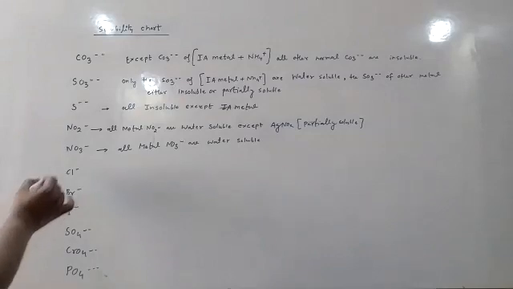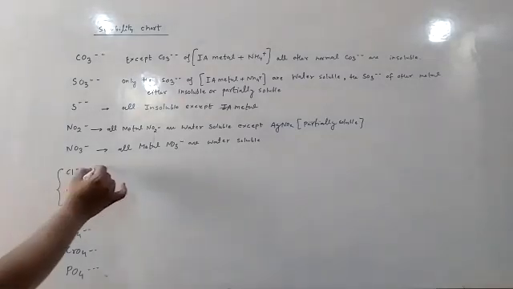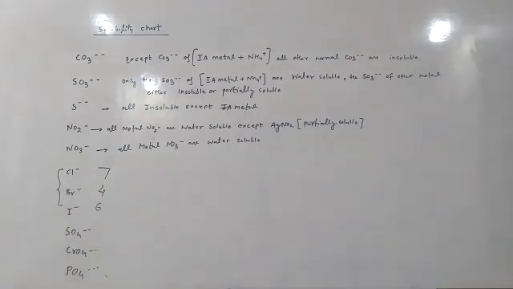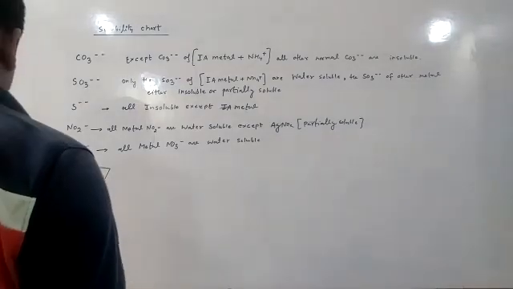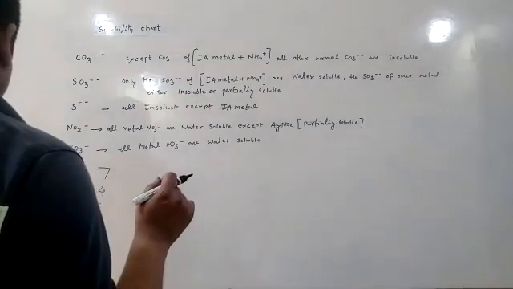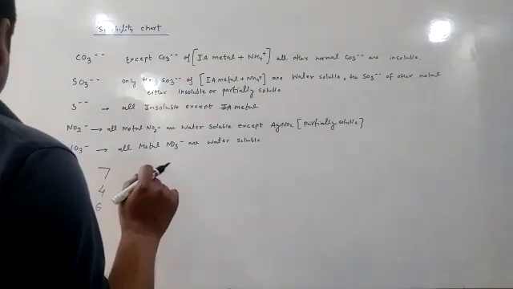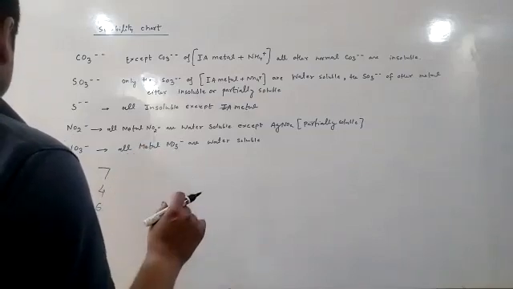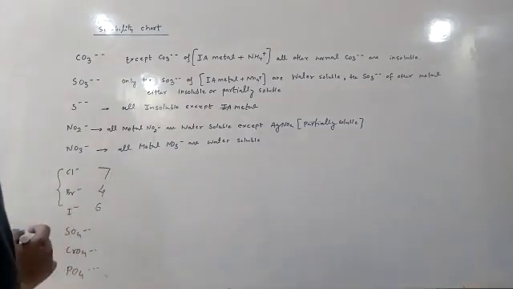Next, chloride, bromide, and iodide. Just remember 746. Okay. There is one acetate also. Acetate. All acetates are water soluble except silver acetate and mercury 2 acetate, which are partially soluble.